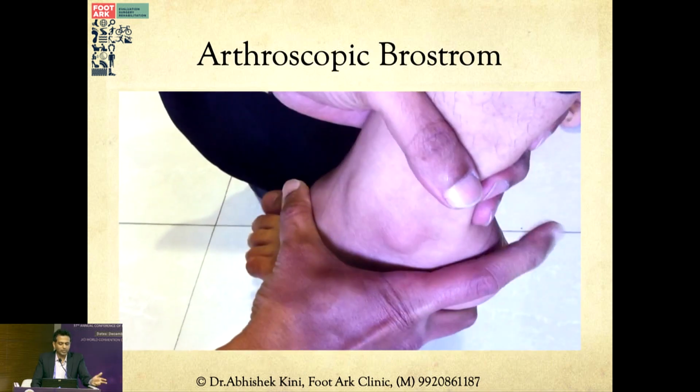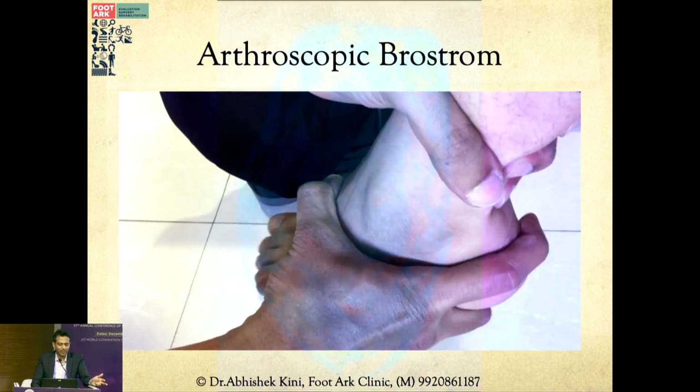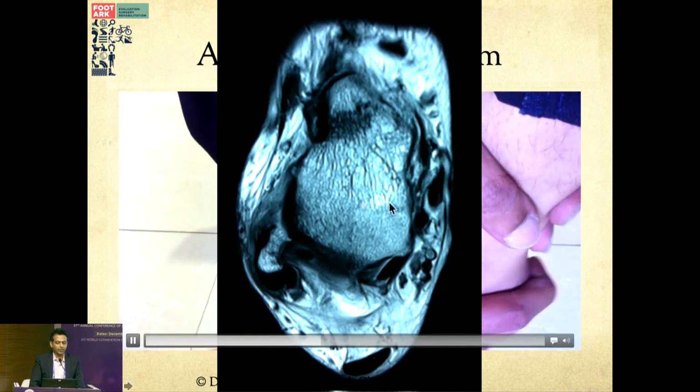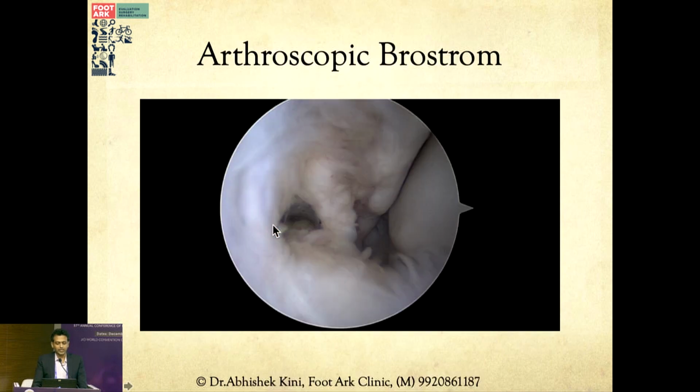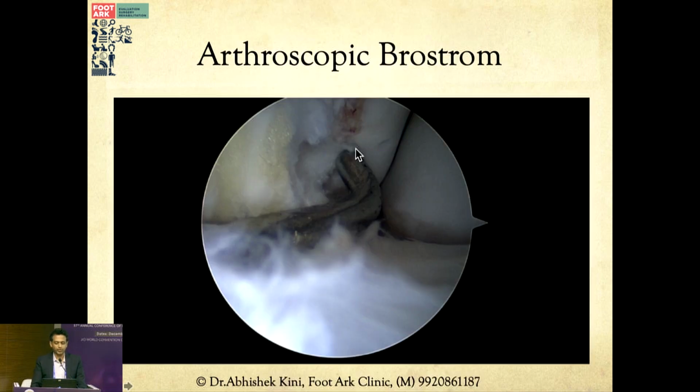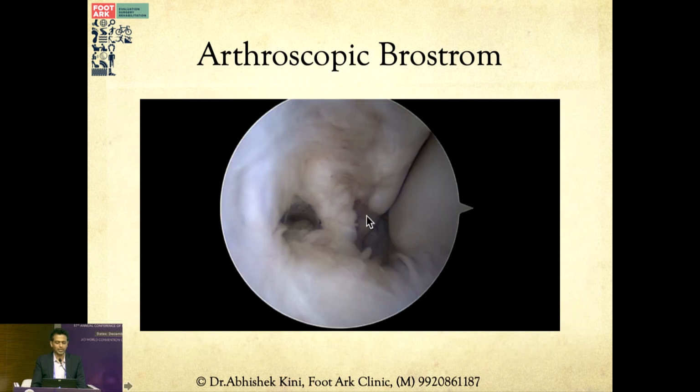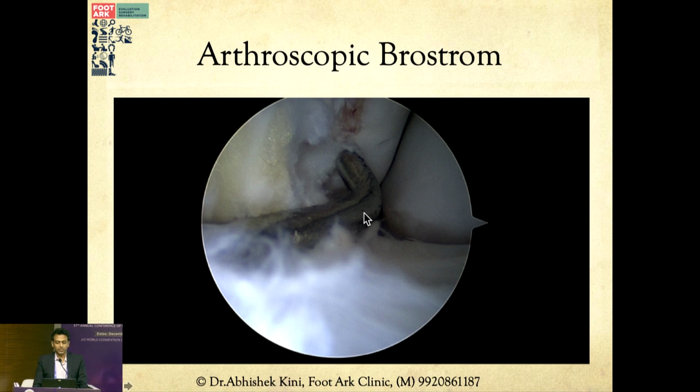So coming back to the same drawers, the lax ATFL, if you see, this ATFL was deficient over here. So what we've done is an arthroscopic repair. This is the bare footprint, look at the previous slide. The ATFL has come out from the footprint over here. So this is the footprint.